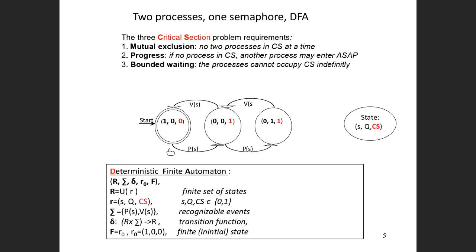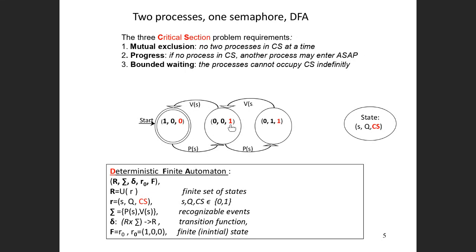If a process is coming, again, as we did in the previous example, the process is executing P of S, and the state is changing. It's changing in a way that the semaphore is closed, now 0, there's no queue, and the critical section takes a value 1, because this process is just getting into the critical section.